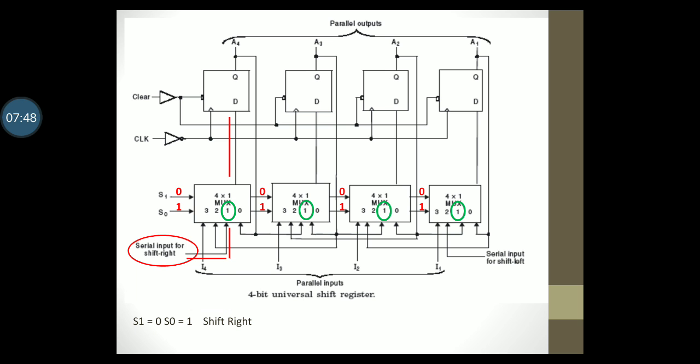From D1 of the multiplexer to the output of the multiplexer, from the D input of the flip-flop to the output Q, and from Q back again as input to D1 of the second multiplexer. So, do you notice the path? The path shows that data is shifted right. There is a similar connection for each of the other multiplexers and flip-flops.